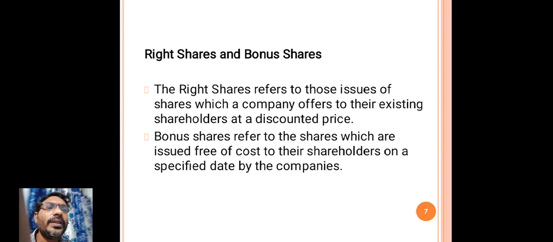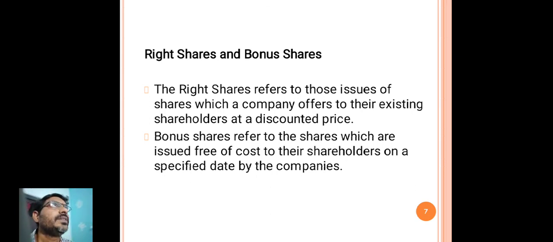And the bonus shares refer to the shares which are issued free of cost. Here the term is bonus. Bonus means it is free of cost, it is an additional, like a gift, an additional amount or additional share.